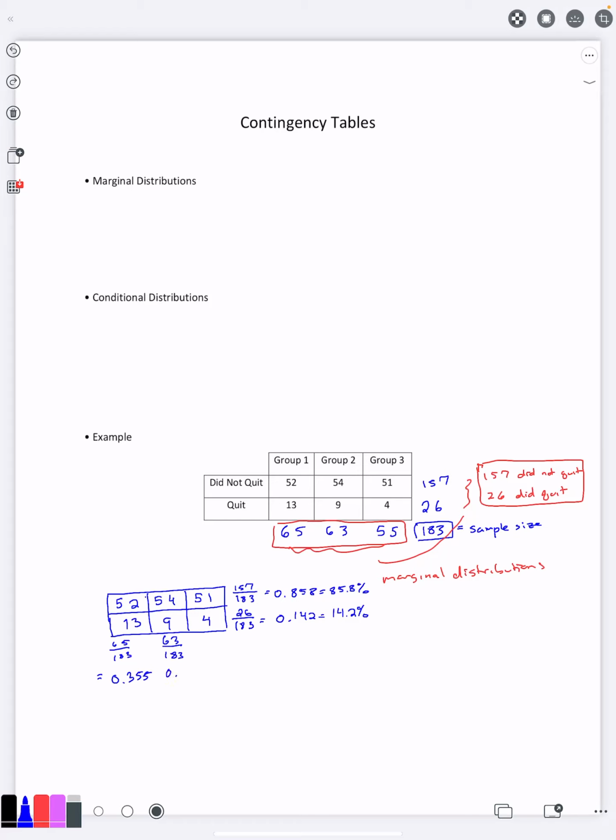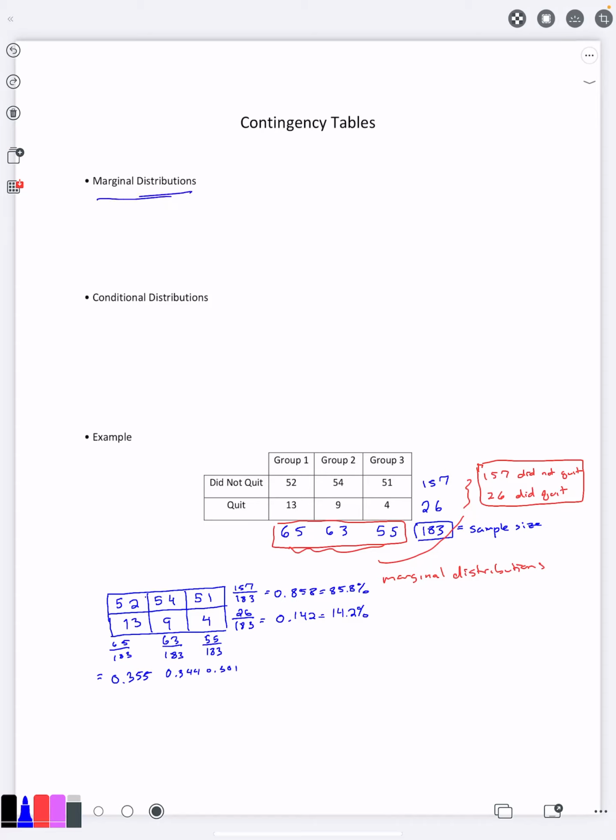And that gives me 0.344. And lastly, if I put 55 out of 183, and that gets me my 0.301. So these are our marginal distributions, both in terms of frequency as well as relative frequency.